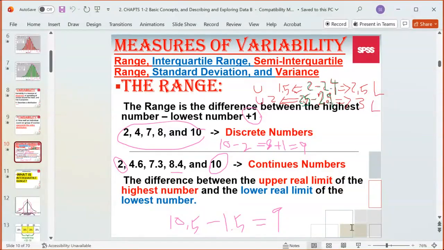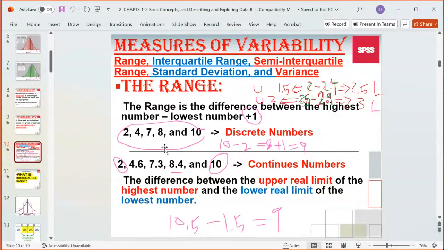So what is upper real limit and what is lower real limit? Like I said, if you have a whole number, then to measure the upper real limit, you add 0.5 to that number. That would be the upper real limit of that number. For example, if the whole number is 2, the upper real limit will be 2.5 for that.